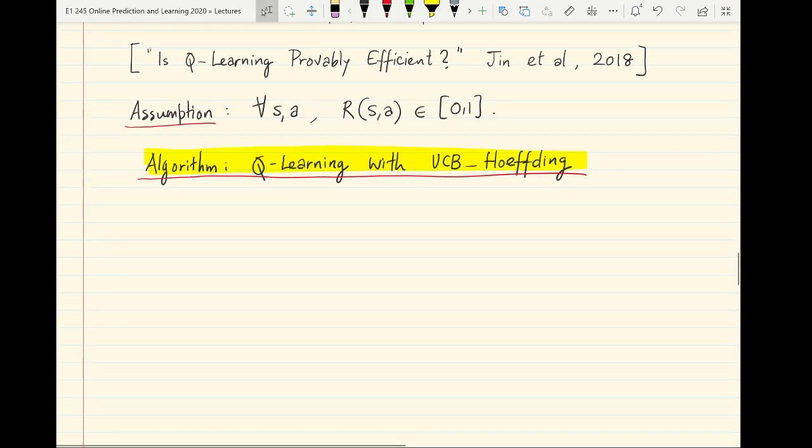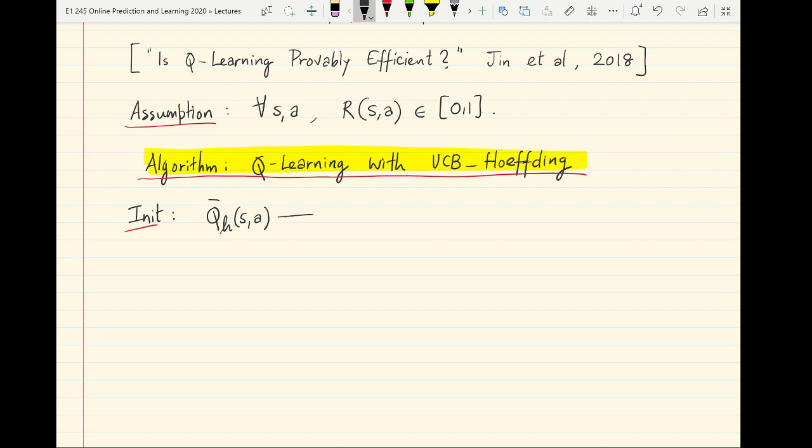It starts off by initializing a Q value table as usual, in the spirit of the standard Q learning algorithm. We'll call this table of optimistic Q values Q bar h(s,a). Think of these as plausible upper bounds with high probability for the Q star values at any time during the learning process.